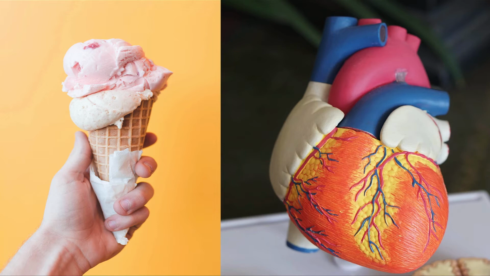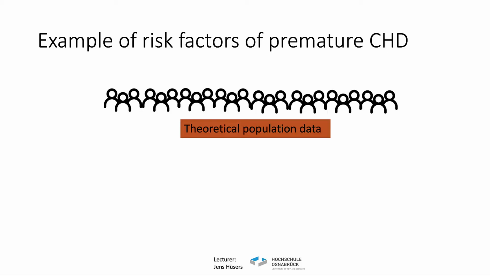In the second example, we investigate if cardiovascular cases of family members is related to individual coronary heart disease risk. To learn about potential relationships between family history and coronary heart disease, we conduct a scientific study. To do so, we collect data.